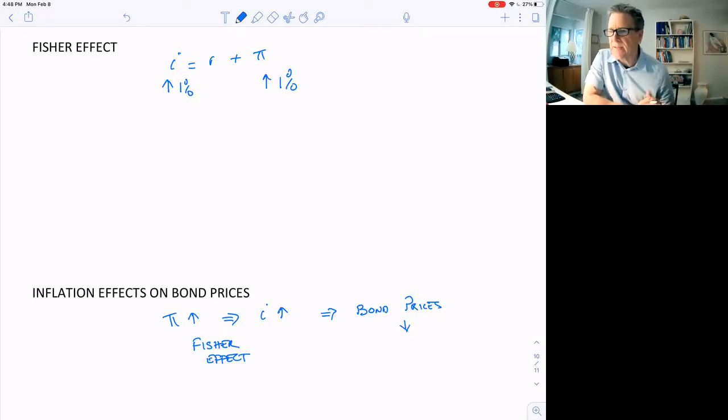So we would expect that if these numbers come out with higher than expected inflation, we'll see bond prices fall. And as a result, when these CPI numbers come out, they're very, very careful not to let anybody get any advance information on the numbers. They release them all at once.